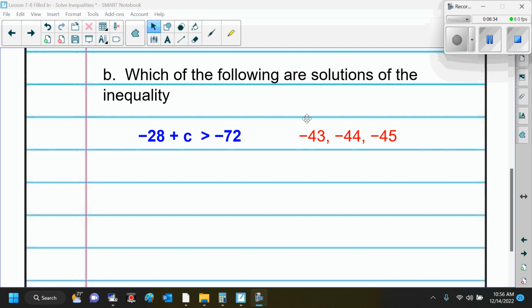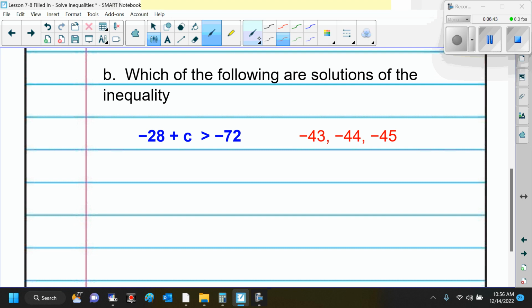We want to know which one of those is a solution. So we are going to use our cover-up. Now, the way you use your inverse operations, let's write this down. Use inverse operations.